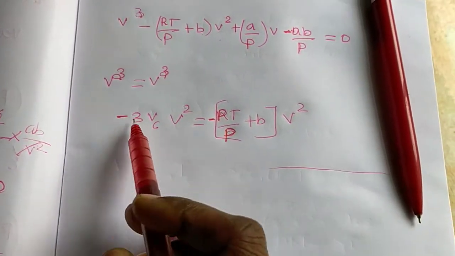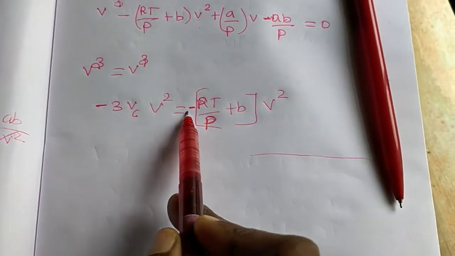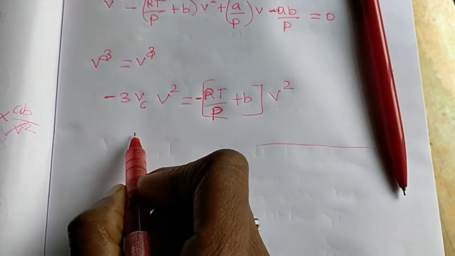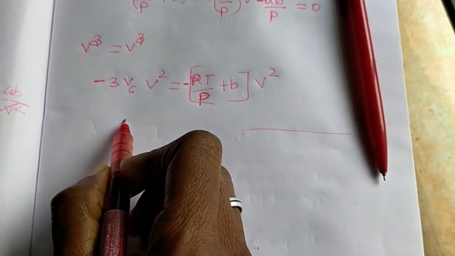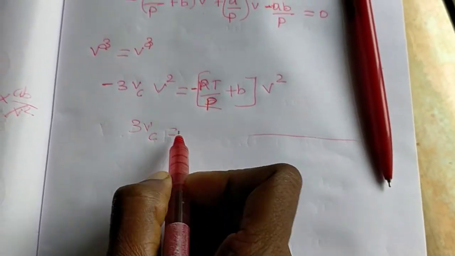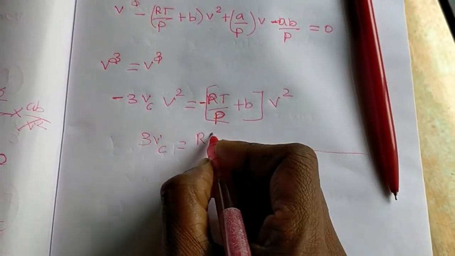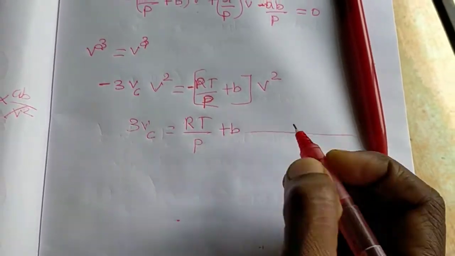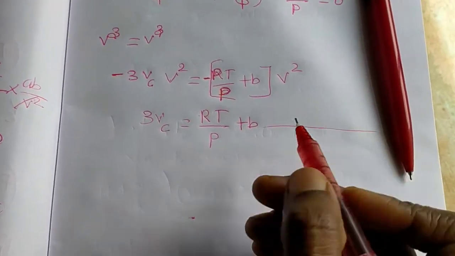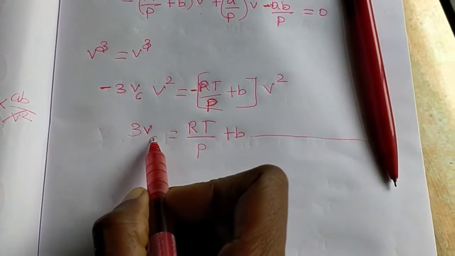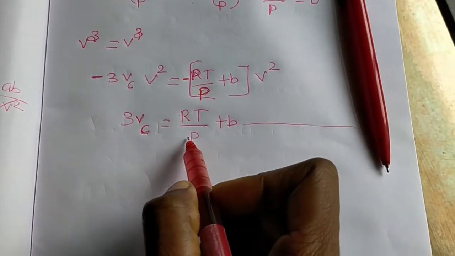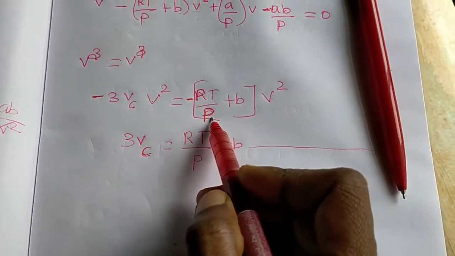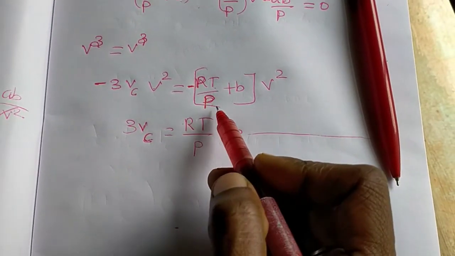For that you can take out the common one, minus. Here also you have minus V square, so you can cancel this. Then what is the remaining one? 3Vc is equal to RT divided by P plus B. Now this is Vc, and you have to write T and P also as Tc and Pc.